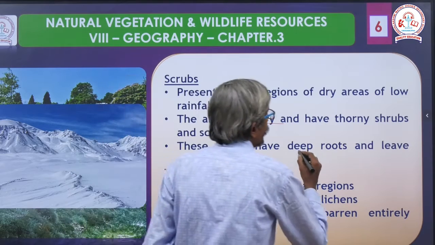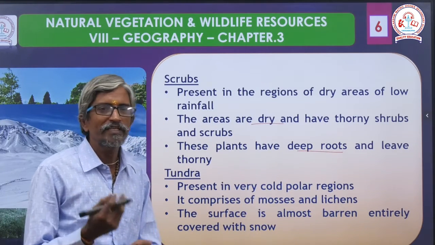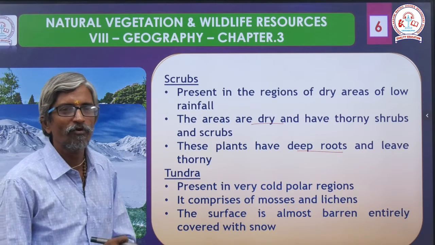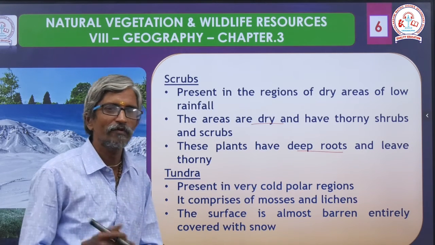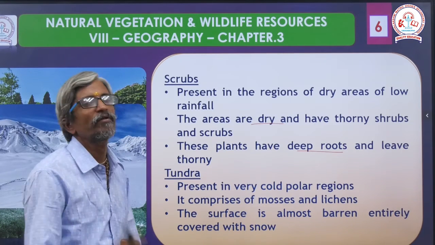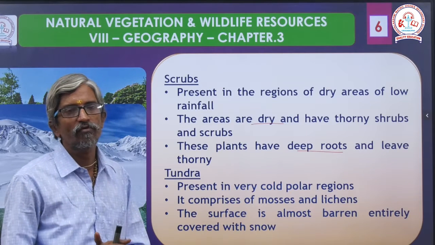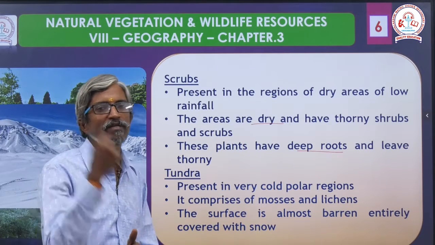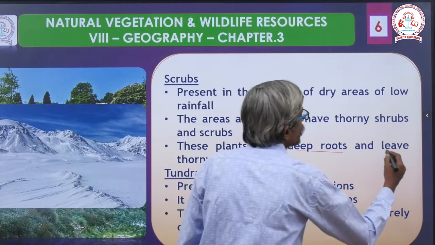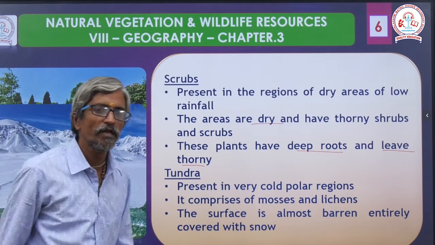These plants have deep roots because they need food. For us, we need a variety of food: idli, dosa, puri, pongal, like that we take a number of varieties. But plants take only one variety, which they obtain from water. So it sends the root deep into the underground surface, and it can suck water and the leaves become thorny. That is why needles and thorns are found in particular trees.